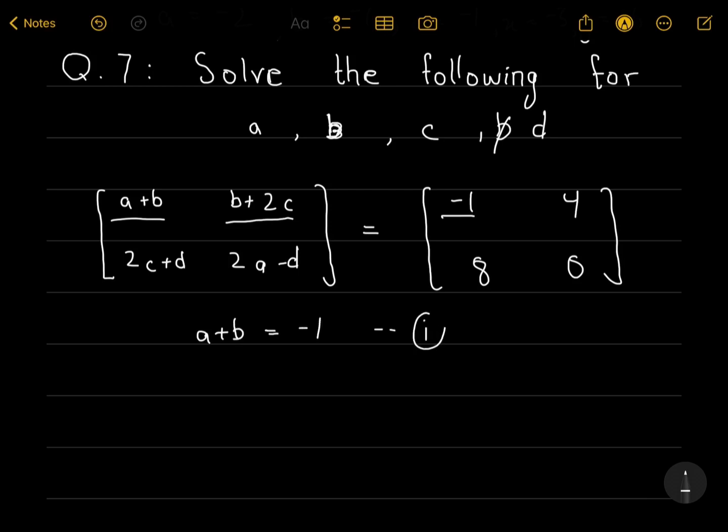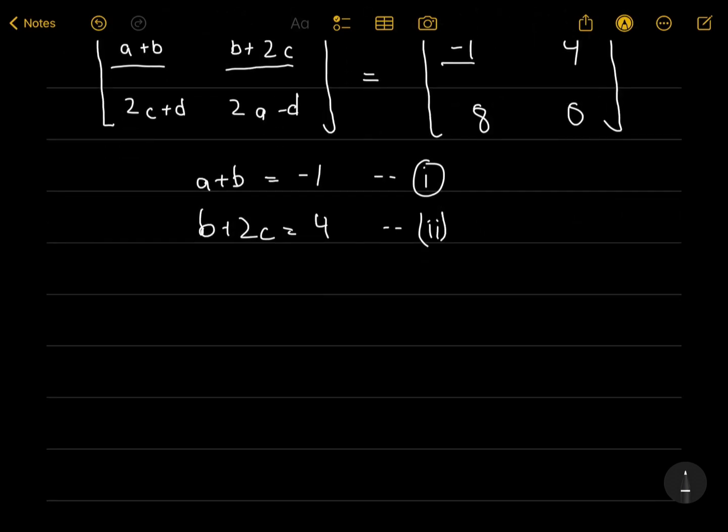This is the first equation. The second equation is B plus 2C equals 4. The third equation is 2C plus D equals 8.